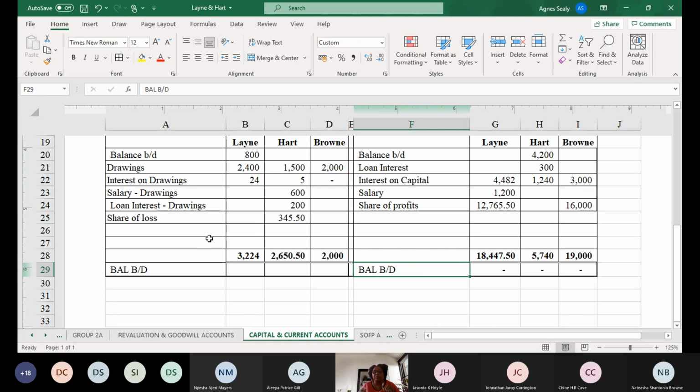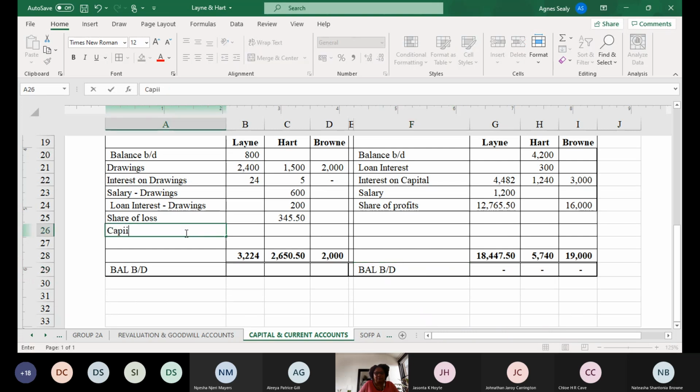If she has undrawn profits, meaning her credit side is greater than her debit side, whatever that difference is is transferred to her capital account. Whether it's the debit side or credit side, whatever difference is on Hart's current account is transferred to her capital account.